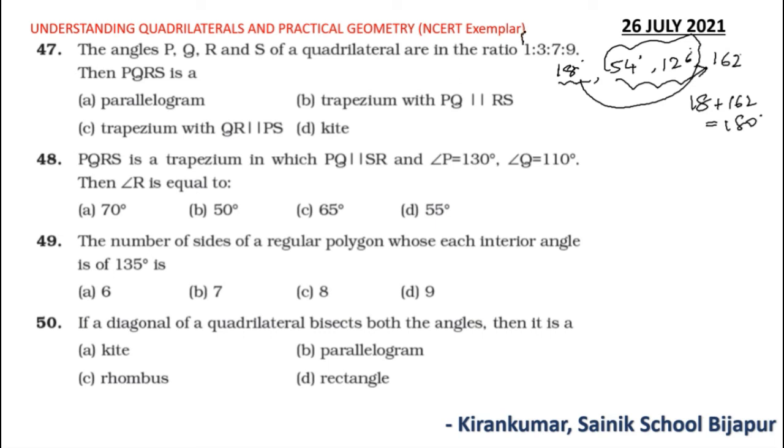If I consider this as PQRS, P plus R will become 180, and Q plus S, sorry, P plus S will become 180 and Q plus R becomes 180. So PQ will be parallel to RS. It is something like this.